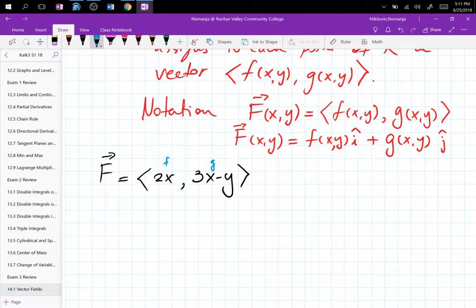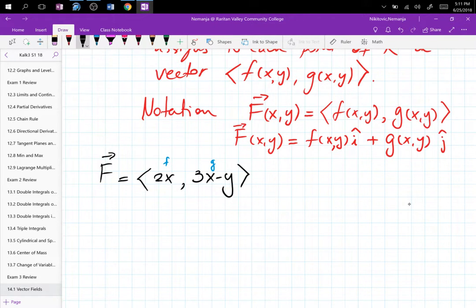So this is not a point x comma y where the first one is dependent on x and the second one is dependent on y. No, they are both dependent on both x and y. These are locations for functions. So I have that the f function is 2x, only dependent on x in this case. The second one is dependent on both x and y. And we'll see some vector fields where y is in the first spot and x is in the second and so on.